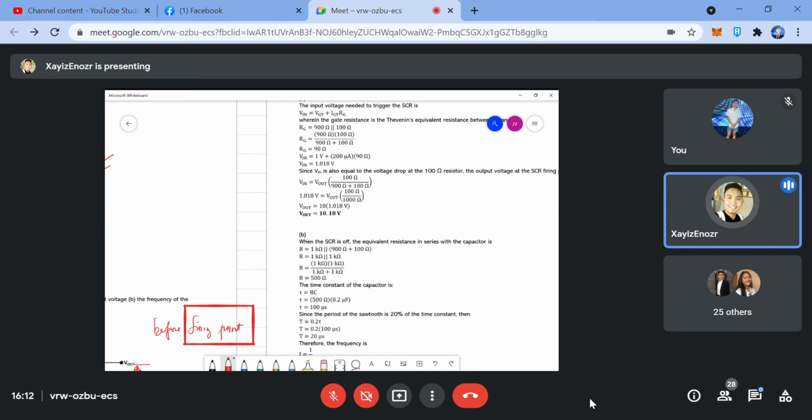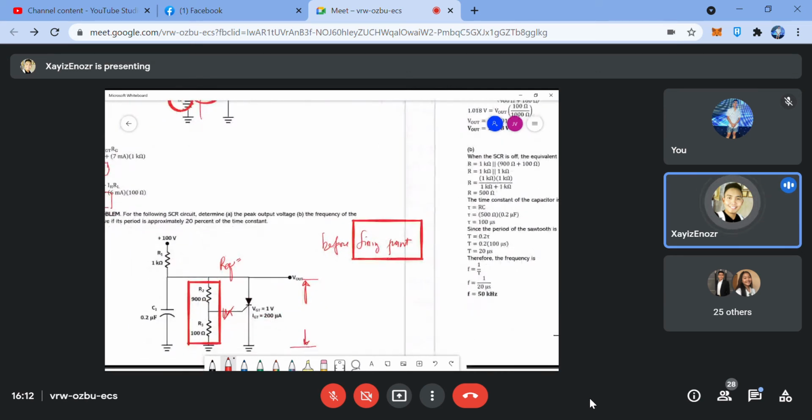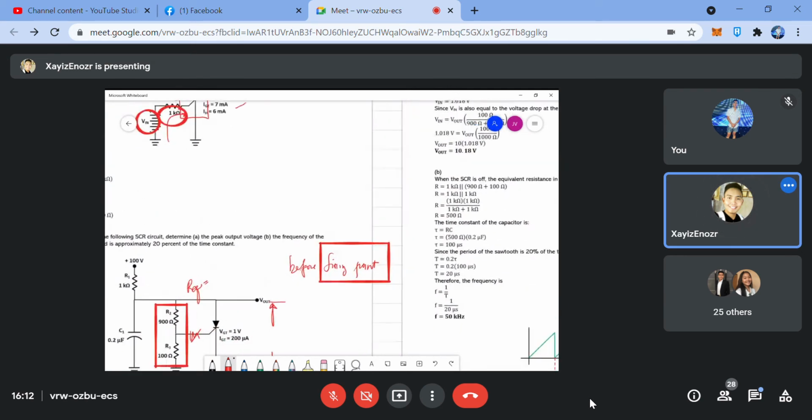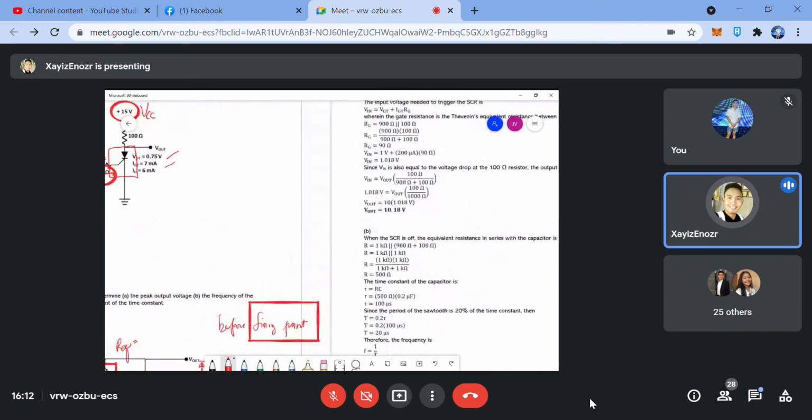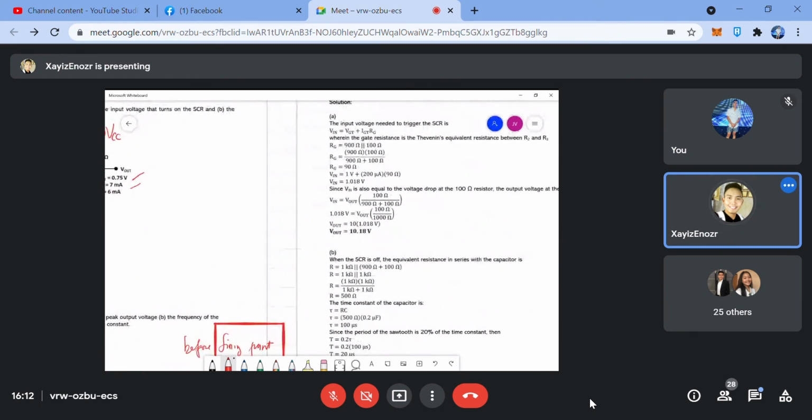Therefore, ang Vin natin is 1 volt plus... Ano pa yung 1 volt na yon? Yung 1 volt is VGT. Then IGT is 200 microamperes. So therefore, 1 volt plus 200 microamperes multiplied by 90 ohms. Ang Vin natin is 1.018 volts. Okay.